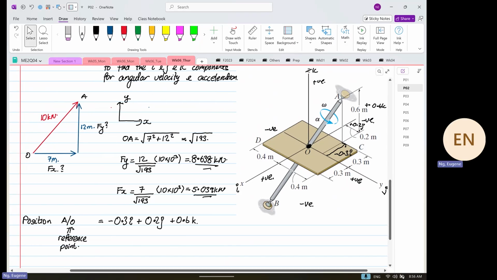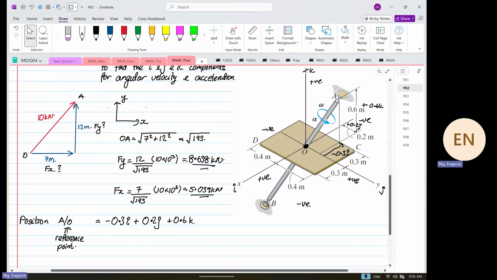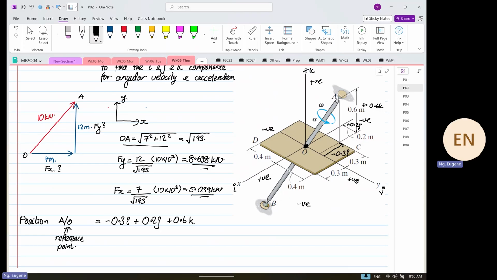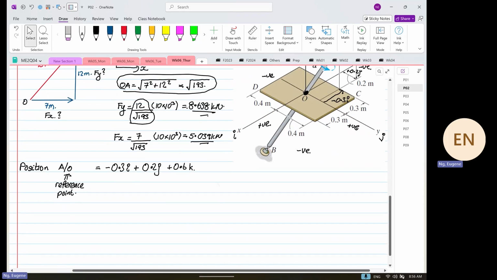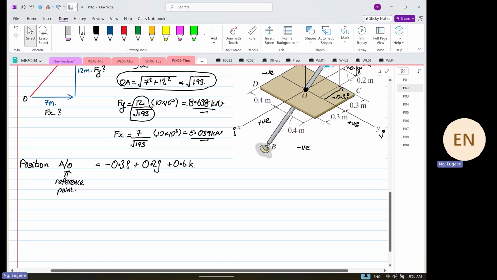Now, in order to relate the position to the resulting vector, the next step we have to do is determine this distance over here. So we are going to create a multiplier like what we have seen over here. Let me elaborate by trying to tell you what I'm trying to do.